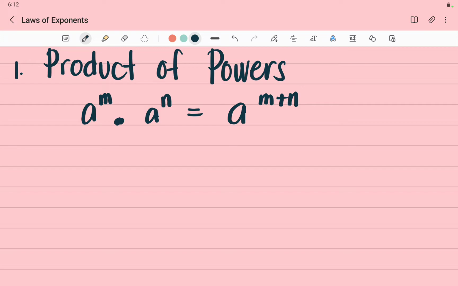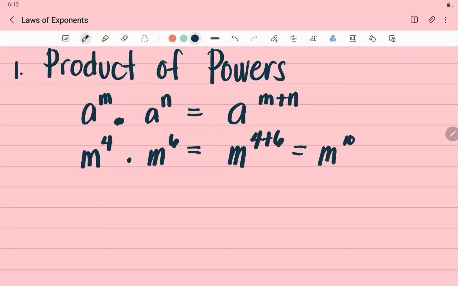Still not visible to you. Let's have another example. m raised to 4 times m raised to 6. We have now m raised to 4 plus 6. Final answer, m raised to 10. What can you notice now, students? Very good.